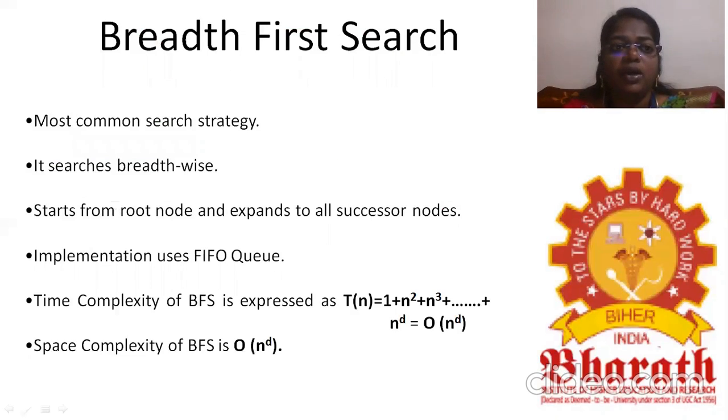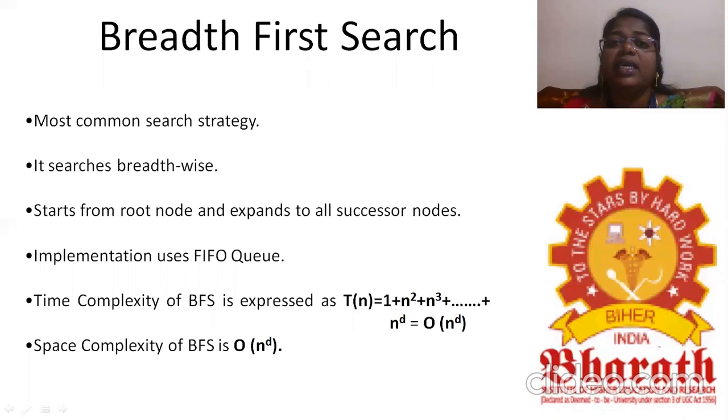First, we will see about breadth first search. It is the most common search strategy we can use for trees as well as graphs. Because of its nature, it searches breadth-wise, it is called breadth first search. And also the search starts from the root and expands to all successor nodes of the same level.